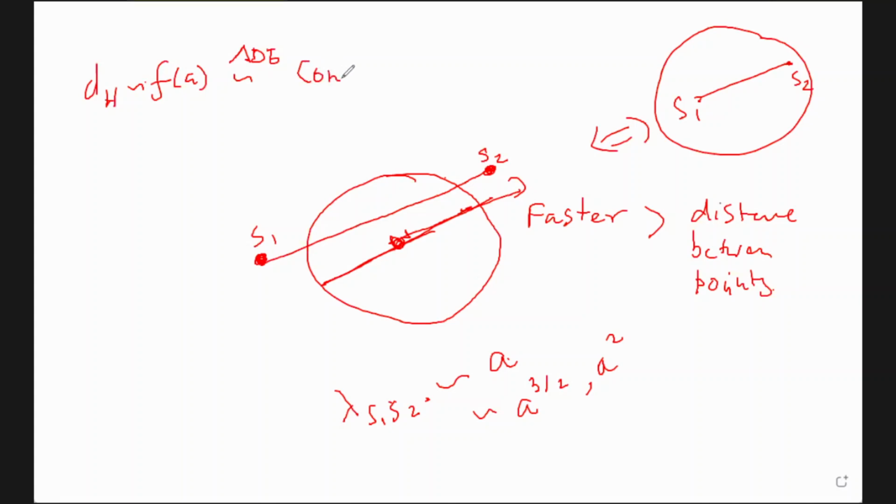Constant, right? Very nice. So then what will happen? Suppose I have my distance S1 and S2. S1, S2 will always go as A. There is no problem. But the horizon size D_H in a lambda dominated universe is a constant. So which one will win now?